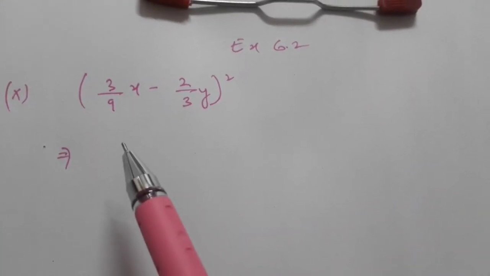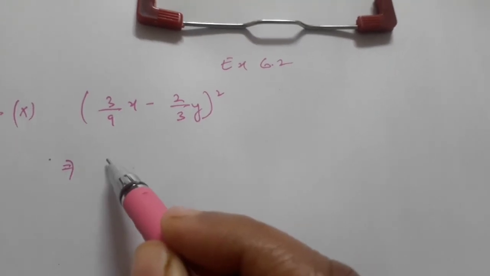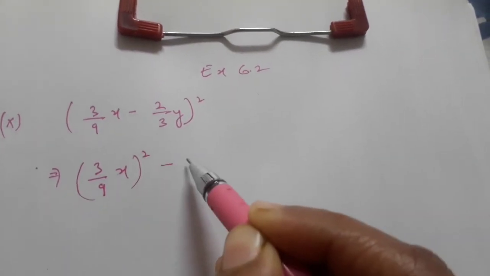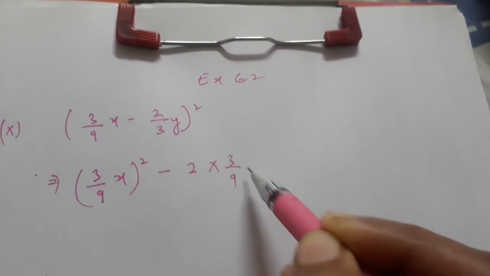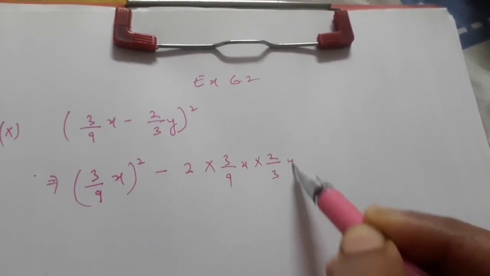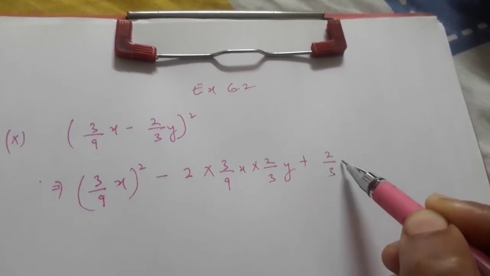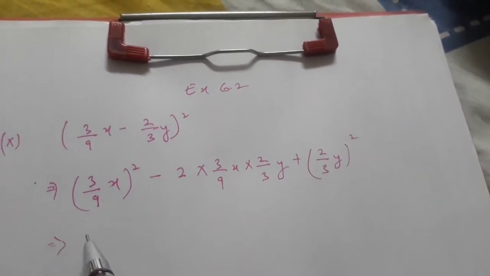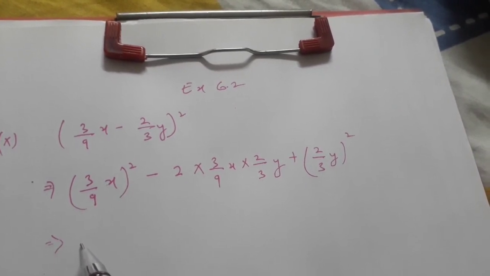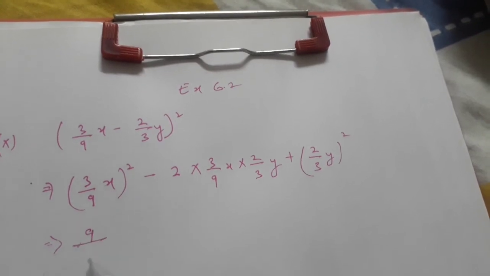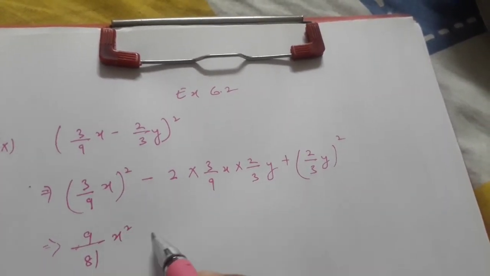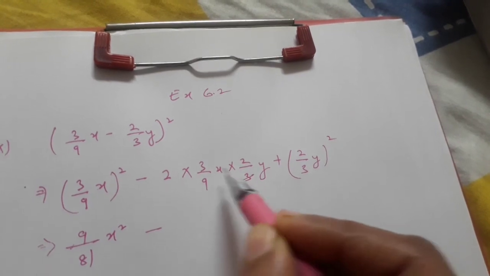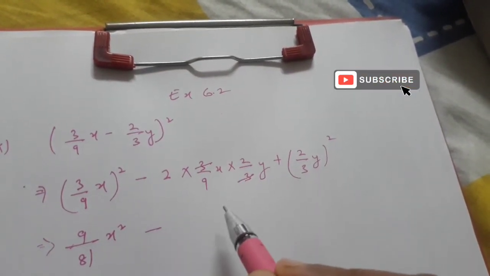So the 10th part is (3/9x − 2/3y)². So a², (3/9x)², minus 2ab, means 2 into 3/9x into 2/3y, plus b², means (2/3y)². So (3/9x)² would be equal to 3 threes are 9 and 9 nines are 81x², minus, let's see what can be cancelled here. 3 will cancel with 3 and nothing is to be cancelled further.